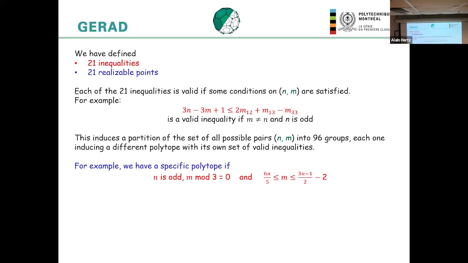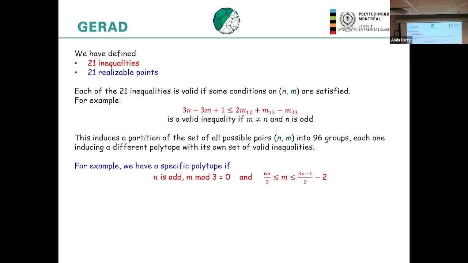This gives you a partition of the space of all pairs n and m, since you have only 21 inequalities. Sometimes an inequality is valid, sometimes it's not. So we get 96 different groups, each having its set of valid inequalities. So in each group, you have a subset of the 21 inequalities that is valid. Just valid. I know that they are valid in this case.